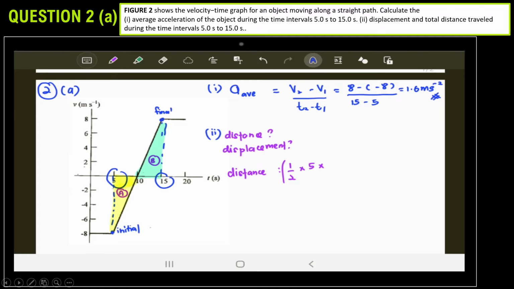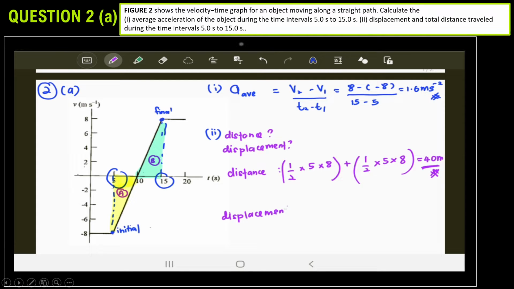Take it as 8, so times 8. Plus another triangle, which is triangle B, half times 5 times 8.